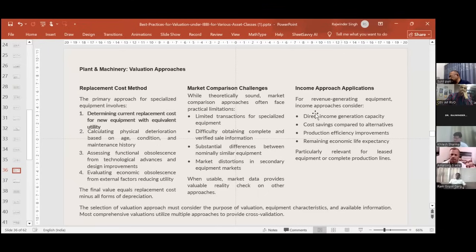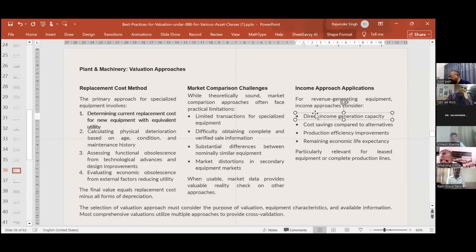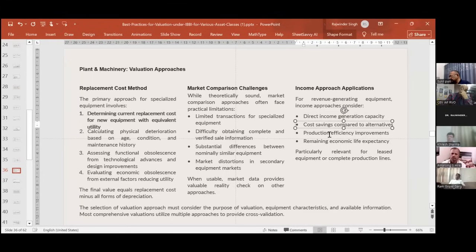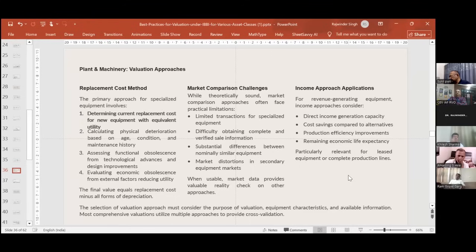As in the case of land and building, you are dealing with direct income generation capacity, but here you may also have to consider cost saving compared to the alternatives, production efficiency improvements, and remaining equipment life expectancy. These things also have to be taken into consideration by plant and machinery valuers. It is particularly relevant for leased equipment or complete production lines.